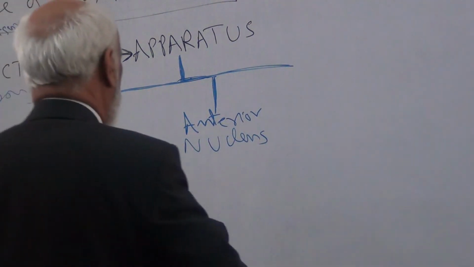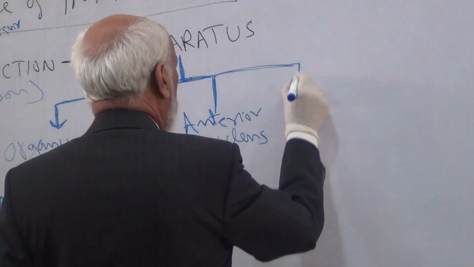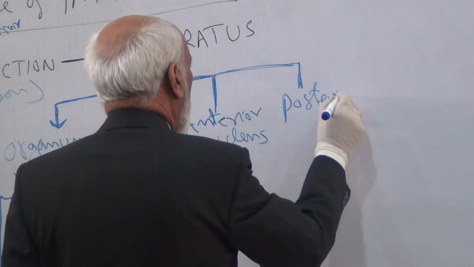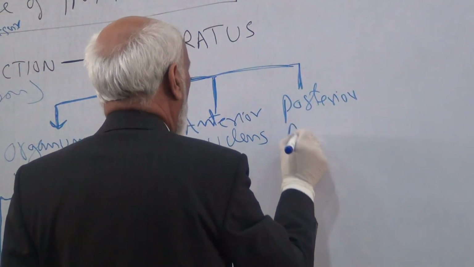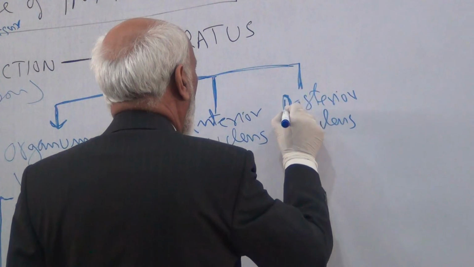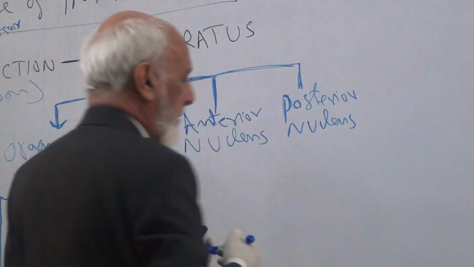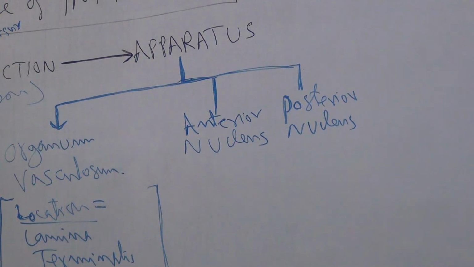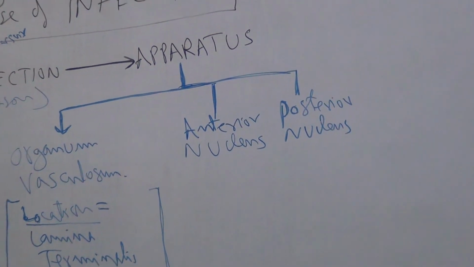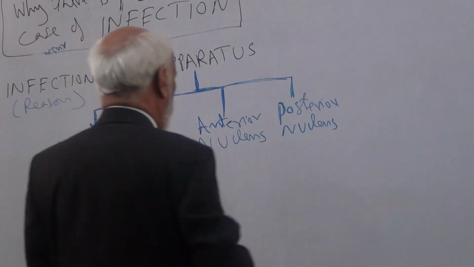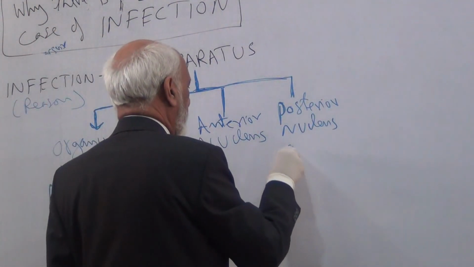And the other one is the posterior nucleus of the hypothalamus. So the posterior nucleus raises body temperature.